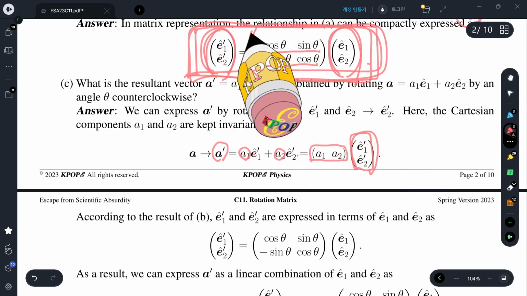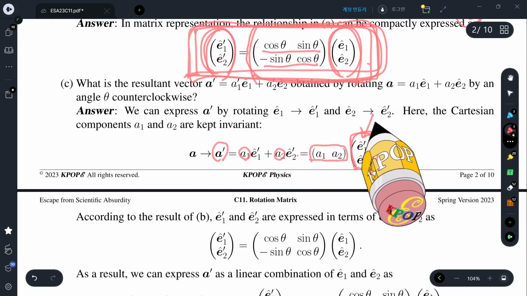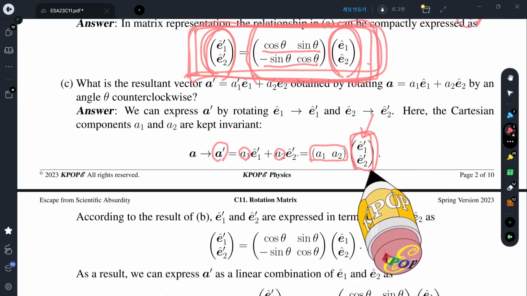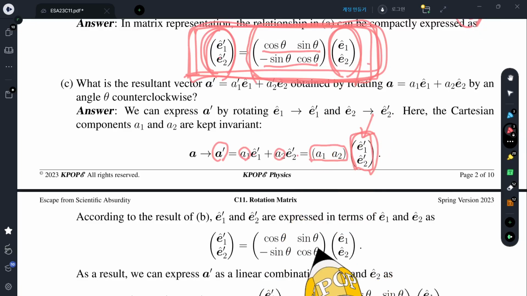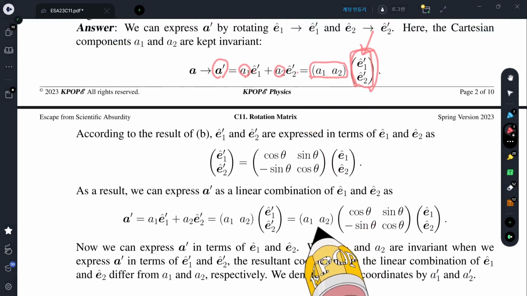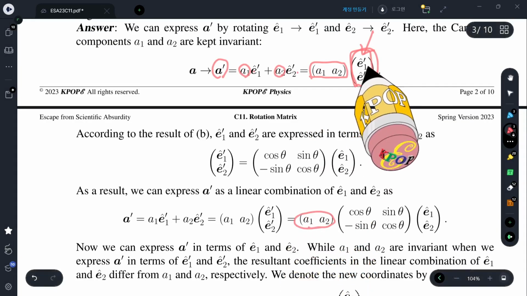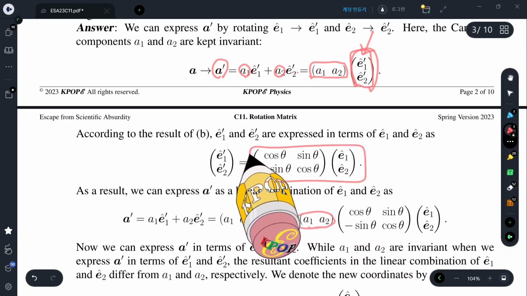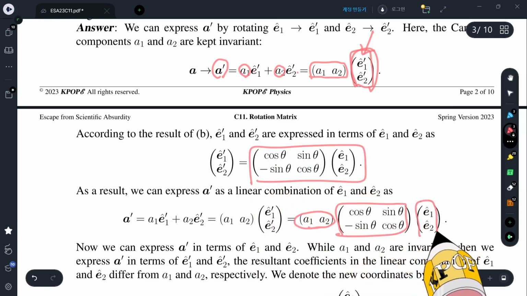So if I substitute this value for this column vector, this is just a copy. Then I have the row vector of Cartesian components, and then this one is replaced with this. Therefore, a matrix and a column vector.